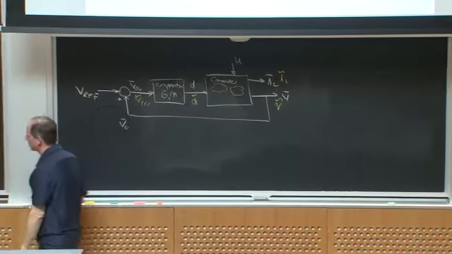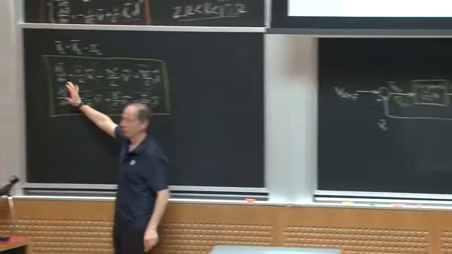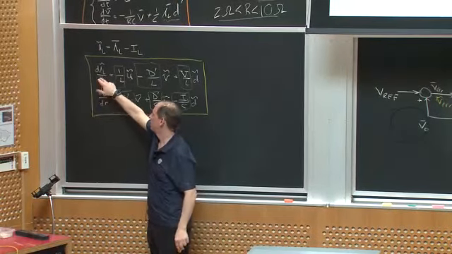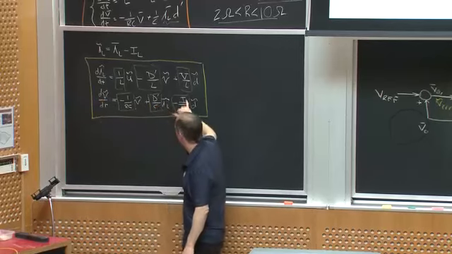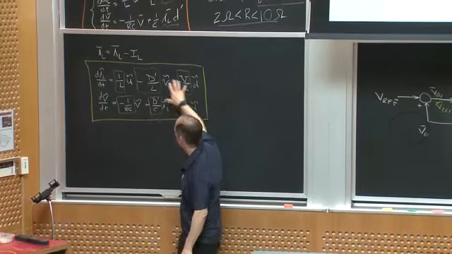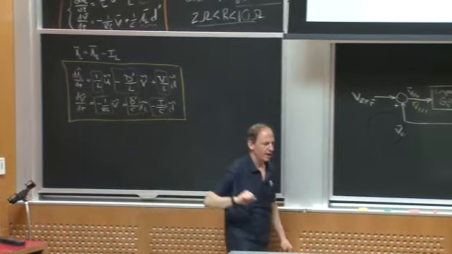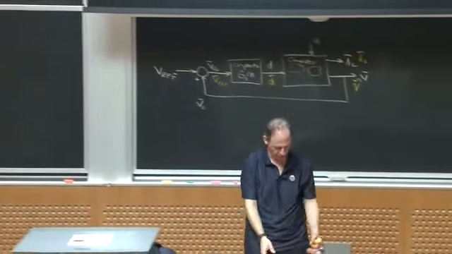Well, we can take the Laplace transform of this thing. This d/dt becomes s times IL, and this becomes s times V. I can then eliminate IL from the equation, and I can come up with a transfer function.